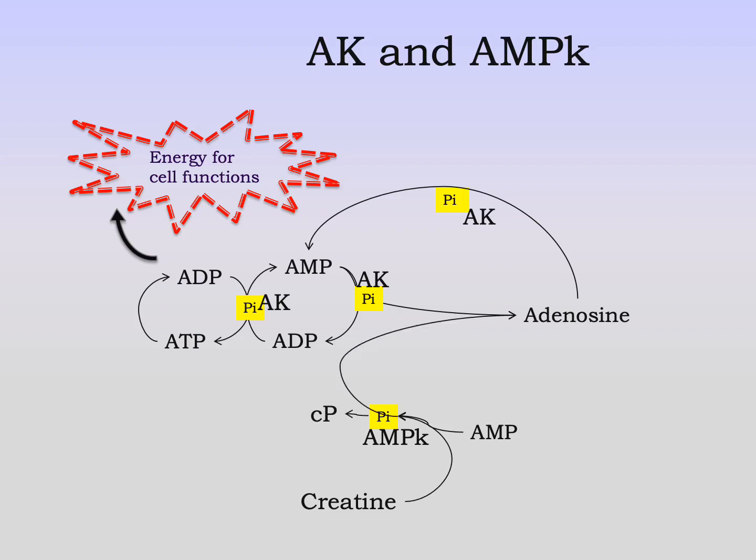Adenosine will get formed as well, and that adenosine can once again interact with an AK to form AMP, or it can go about being released from the cell. CP can interact with CK, stripping the phosphate and sticking it onto the ADP to form ATP again, forming creatine and allowing for the pathway to start.